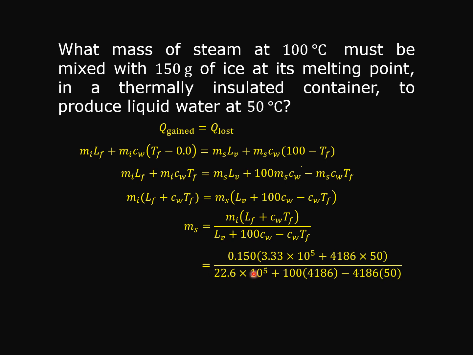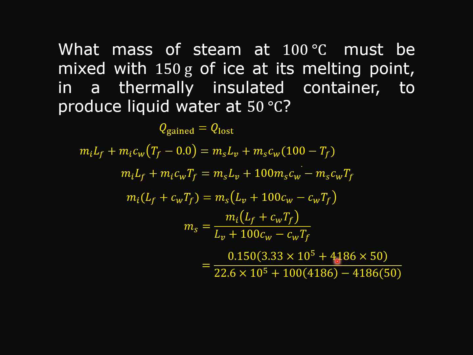Now we can start to substitute the values. For mi, the mass of the ice is 150 grams. Lf is the specific latent heat of fusion for the ice. It is 3.33 times 10 to the power 5. cw is the specific heat capacity for the water.